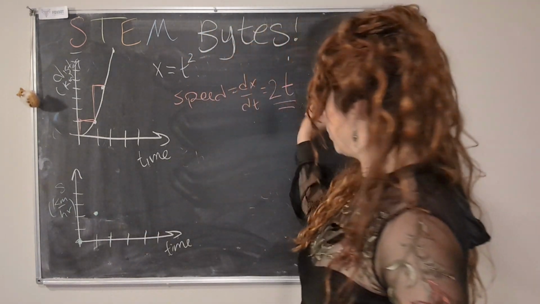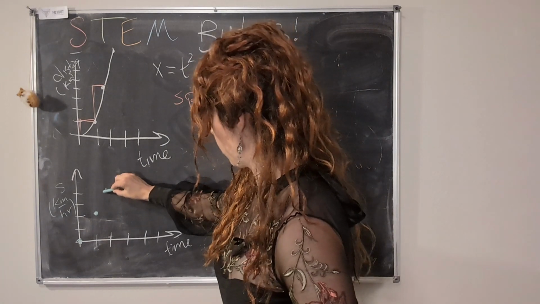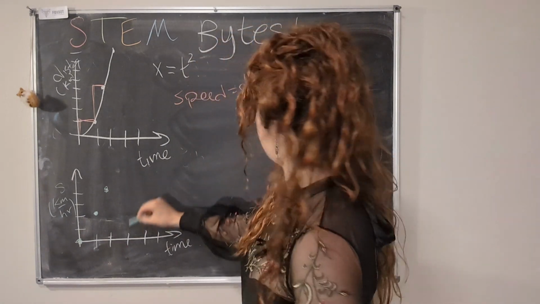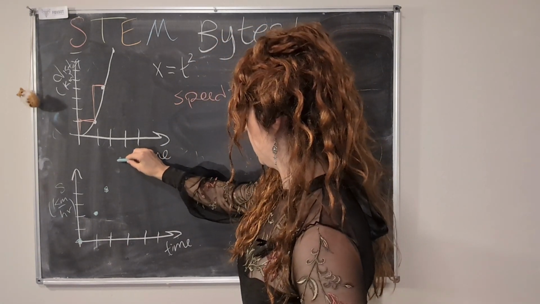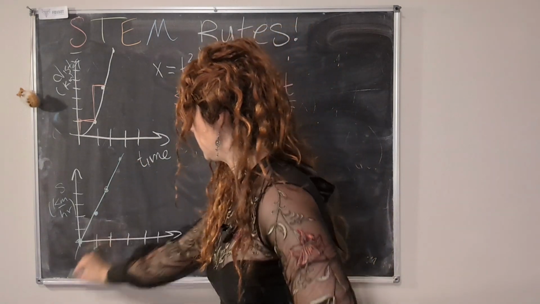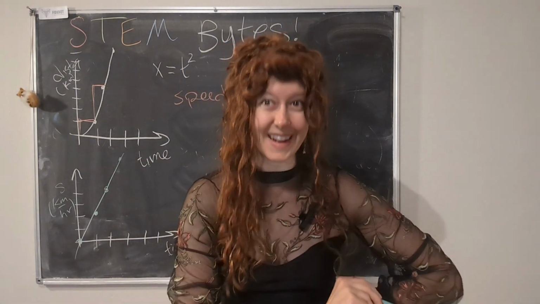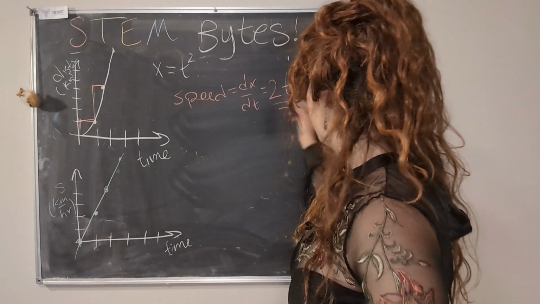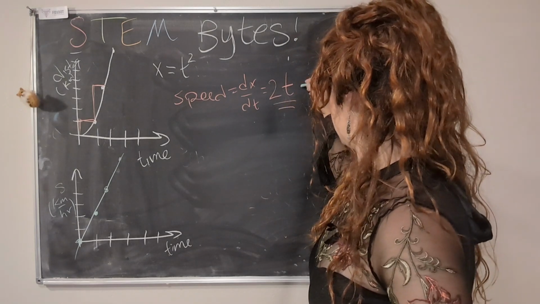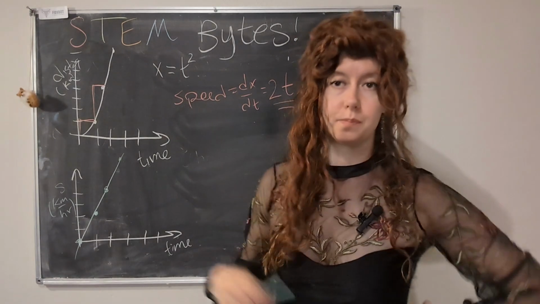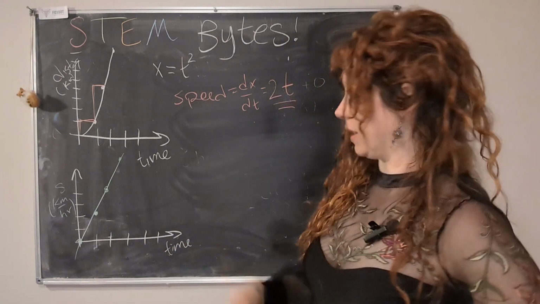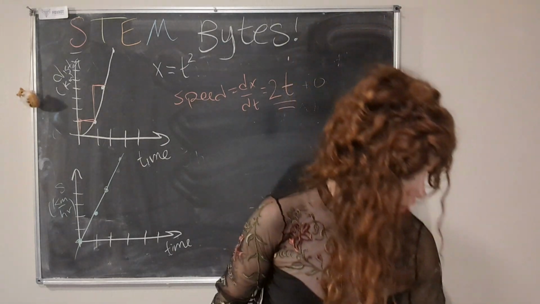At hour 2, 2 times 2 is 4. So 4 kilometers an hour. At 3, we're at 6, somewhere up here. And if you connect these, you'll notice it is a straight line. Because 2t, and then you could say, well, plus 0. That is the equation of a straight line. However, it's not constant.